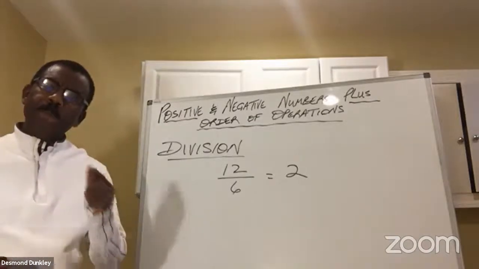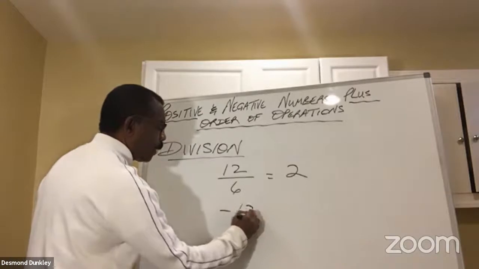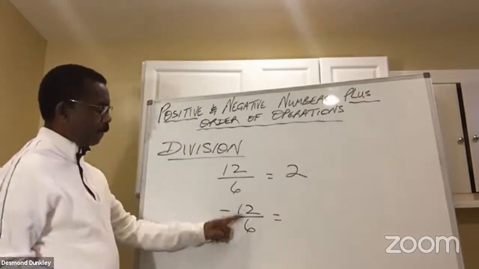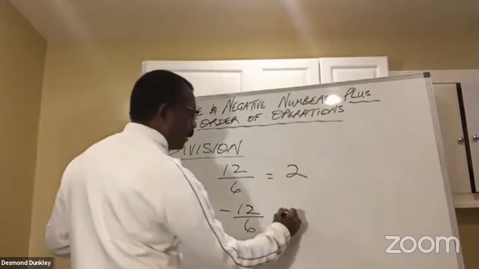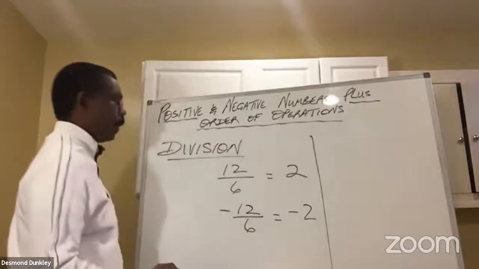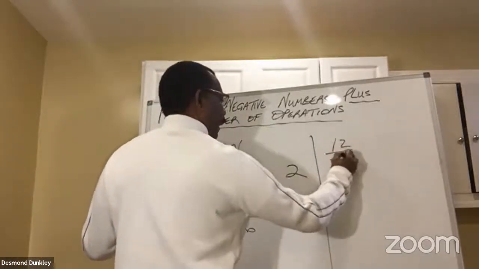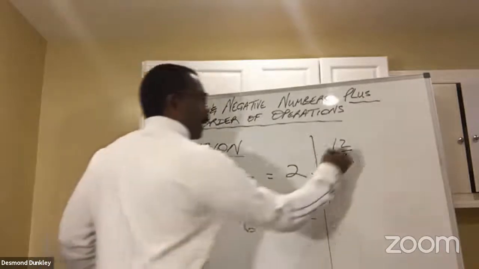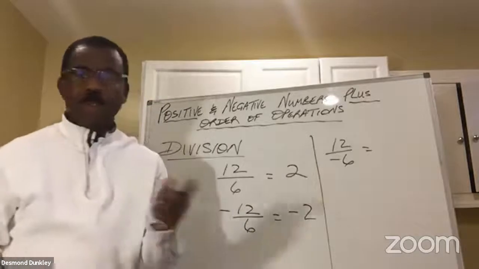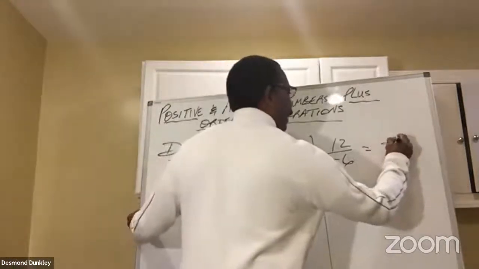And based on the principle that I've shared with you, if one of them was negative, so negative 12 divided by 6, you have one negative, one positive, the answer is negative 2. And if I have 12 divided by negative 6, as long as the signs are different, that's all you need to know, then the result is going to be negative.